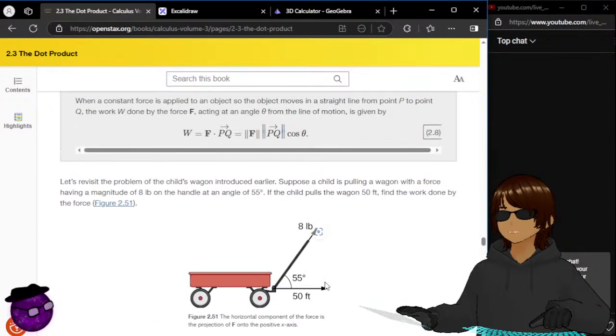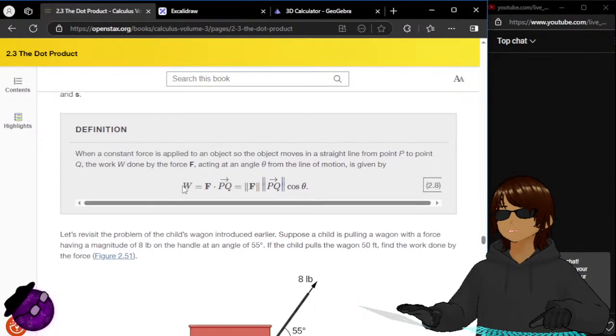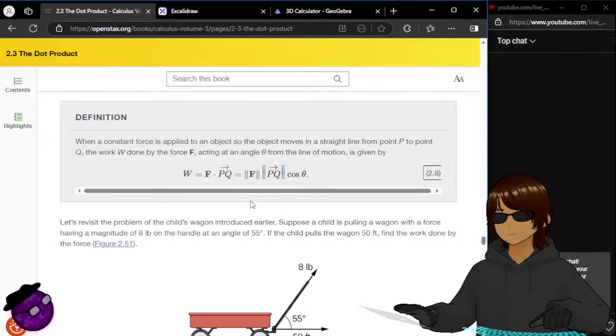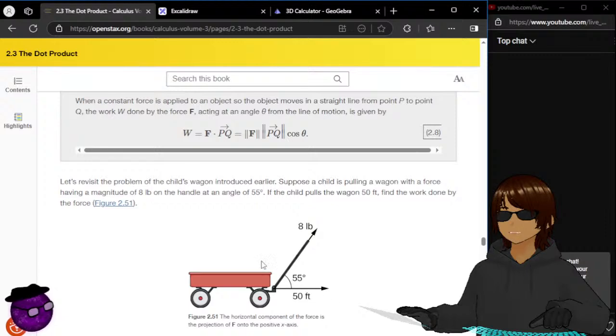Actually, the dot product also gives... hold on. Work done is given by this. So the magnitude of PQ times the magnitude of F cos theta. So it's the magnitude of the work in this direction.